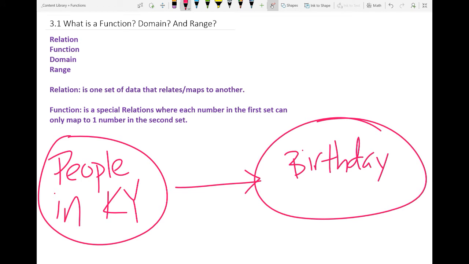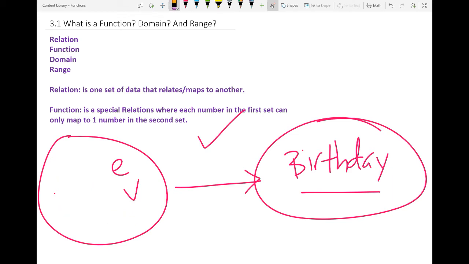If I picked a random person, we'll say Johnny, could he possibly have more than one birthday? No, he's only born one time. He's only going to have one birthday. So that would be an example of a function that checks out. Every person can only have one birthday.